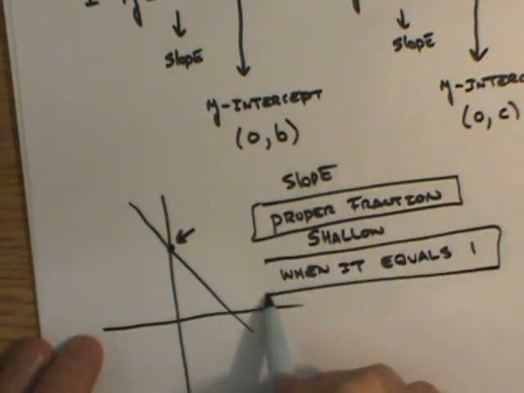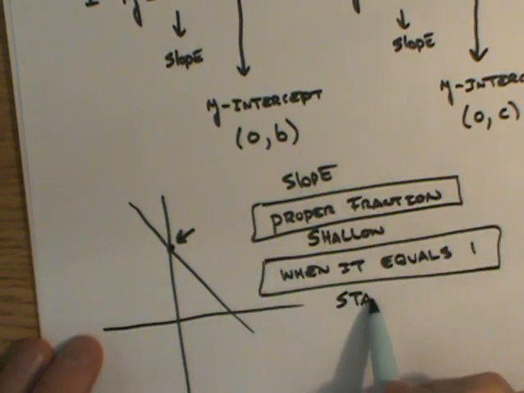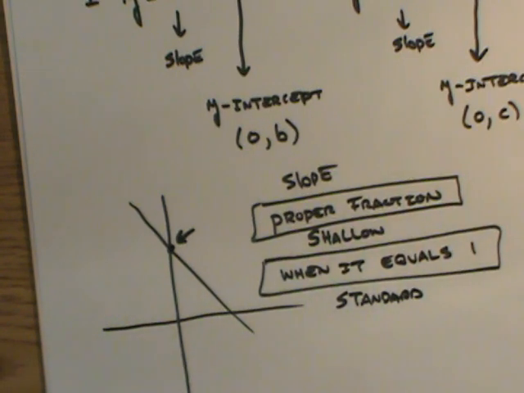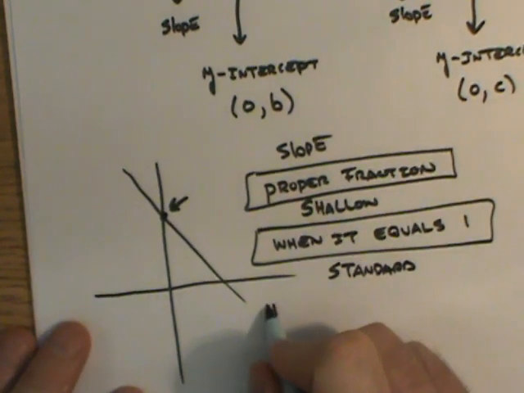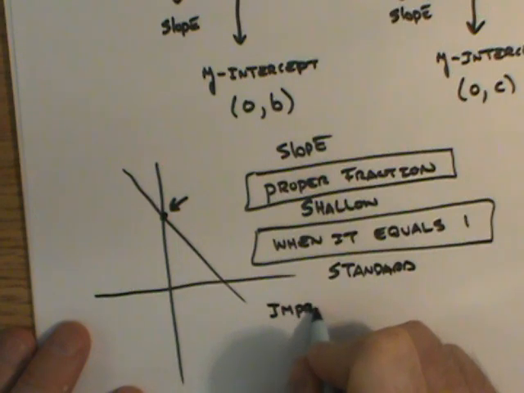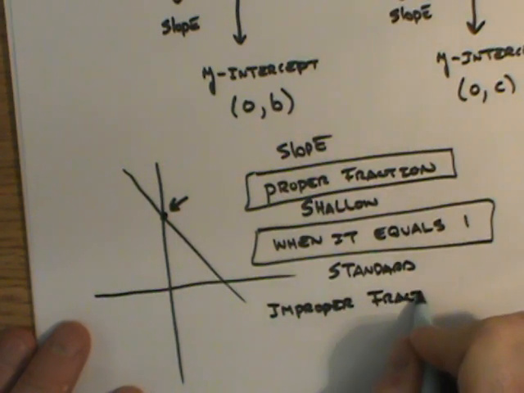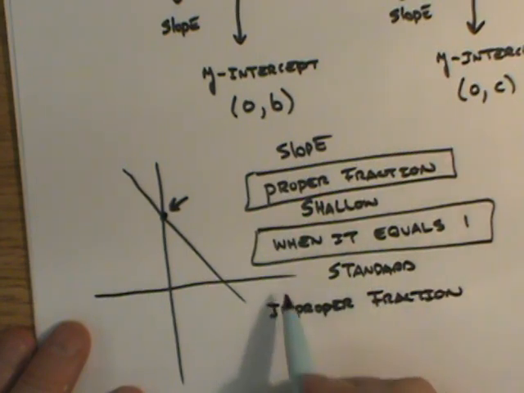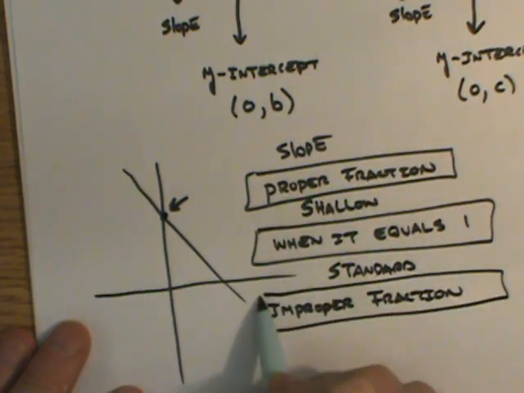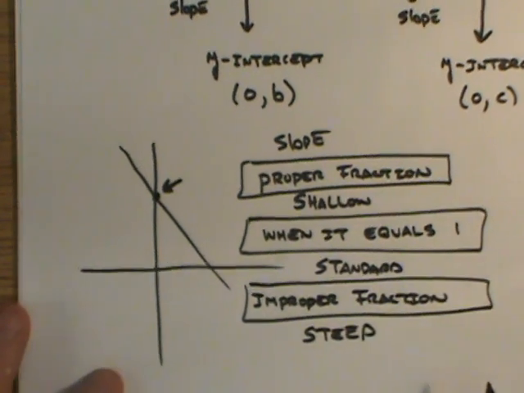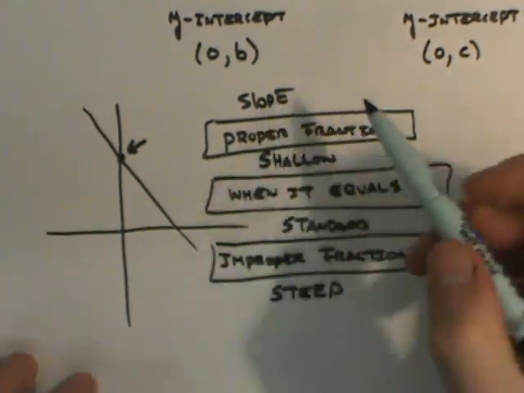When it equals 1, we'll say it's standard. And when it's an improper fraction, we're going to say it's steep. Okay? So our slopes.